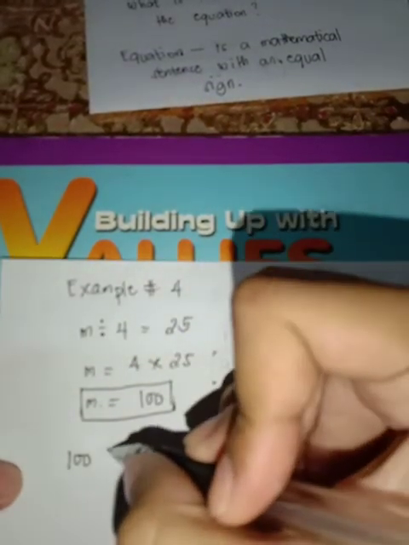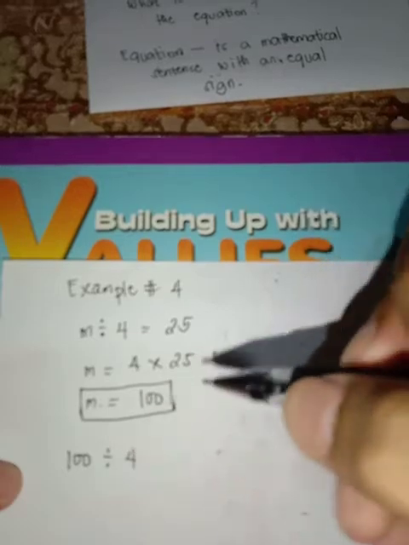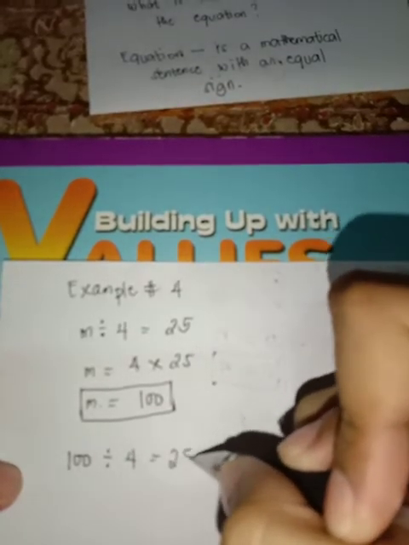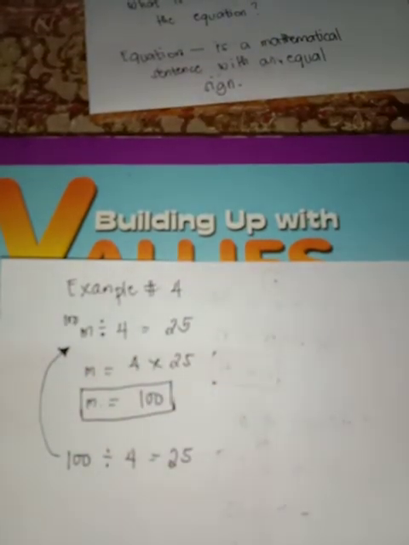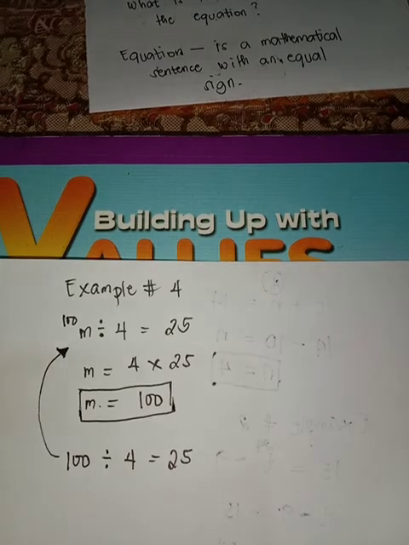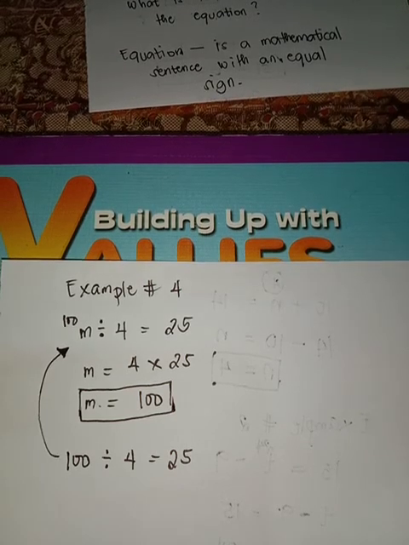So 100 divided by 4 is equals to 25. So the same lang. Take note na inverse operation lang yung ating ginagamit para makuha yung sagot.